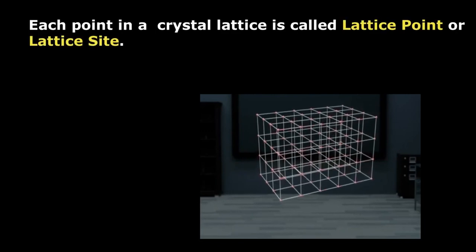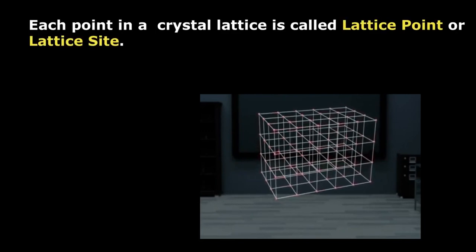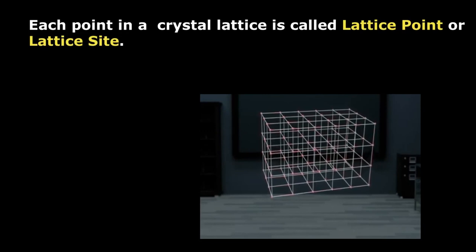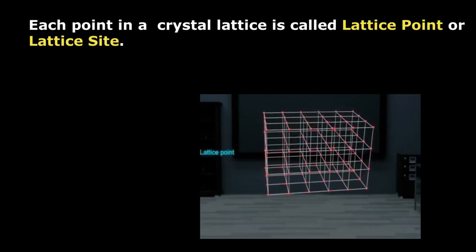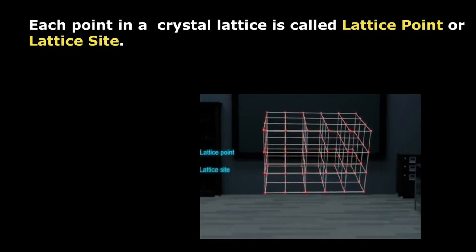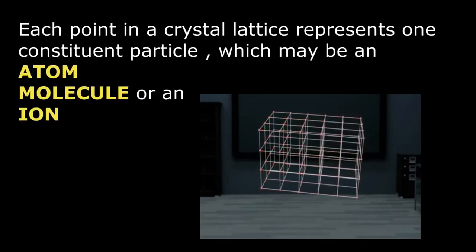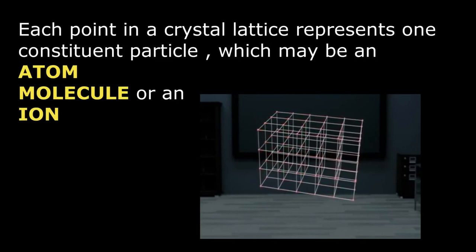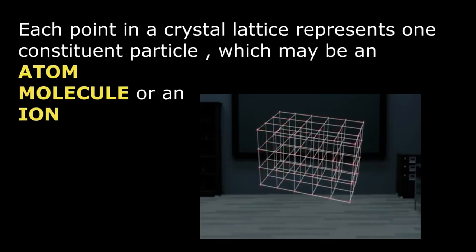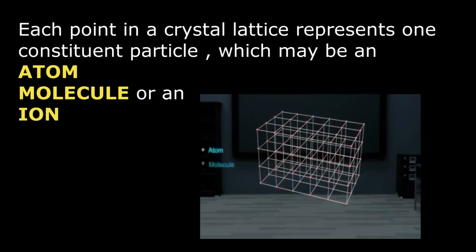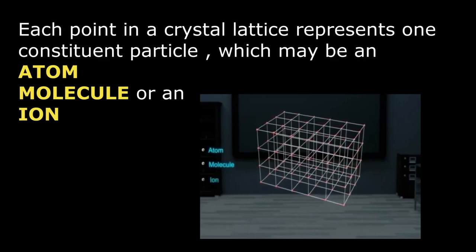Each point in a lattice is called lattice point or lattice site. Each point in a crystal lattice represents one constituent particle, which may be an atom, a molecule or an ion.